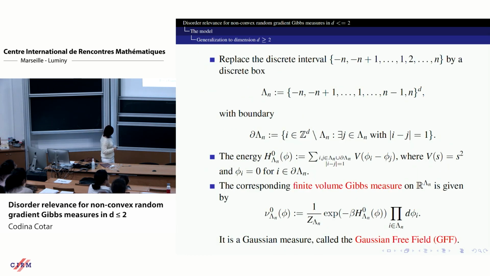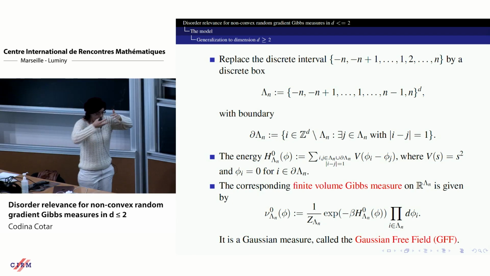If we remember, the Hamiltonian is just a sum of V of phi i minus phi j, where these are of gradient nature. So then you can define a gradient Gibbs measure. You replace this Lebesgue measure by some uniform measure on the gradients, and then things will become nice and finite.